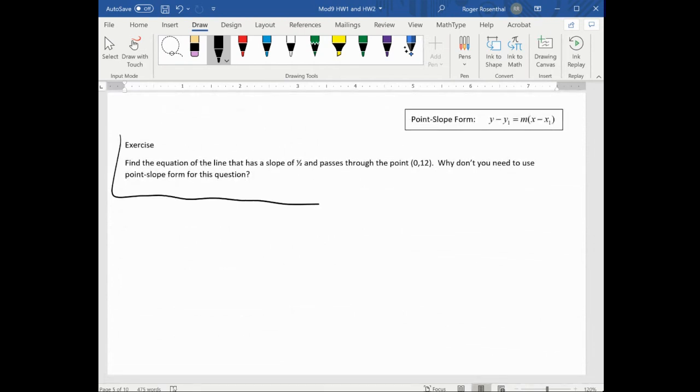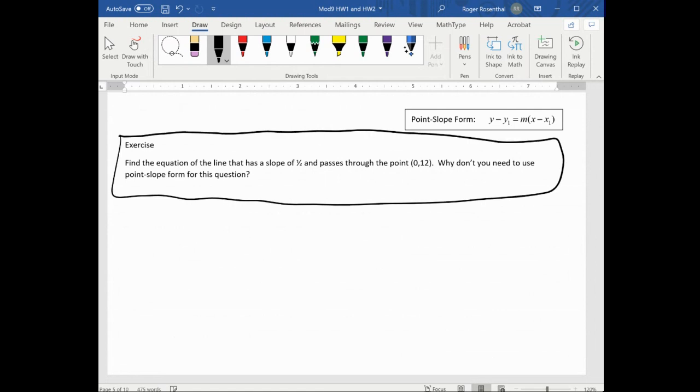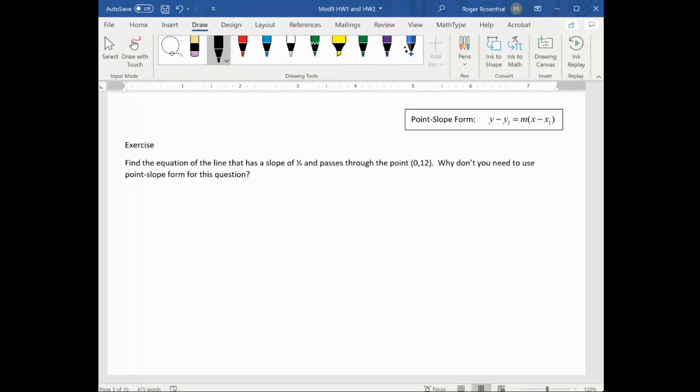Okay, take a second, read this to yourself. So we could do this problem the same way as the last two. We totally can if we want to, but you don't need to. Here's why. We know we have y equals mx plus b as one way to write this equation of a line.